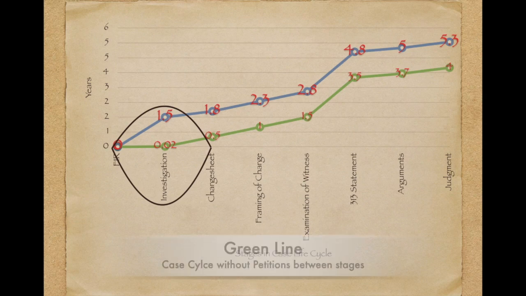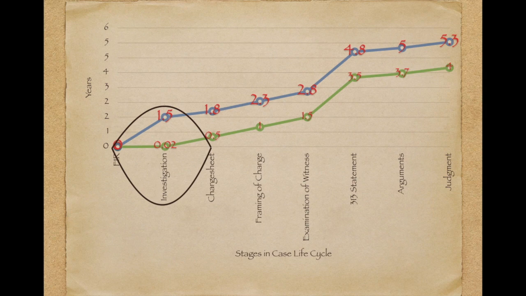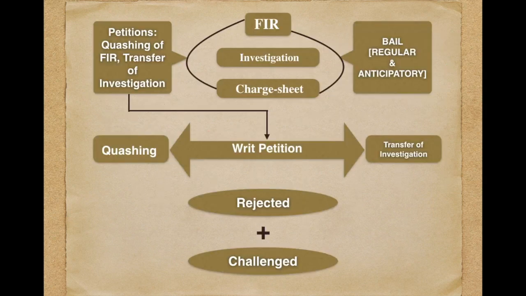Because of the sub-litigations in the case life cycle, as you can see depicted in this graph, there can be a delay in disposal of the case. Now, what happens if the petition is rejected and then it is challenged?